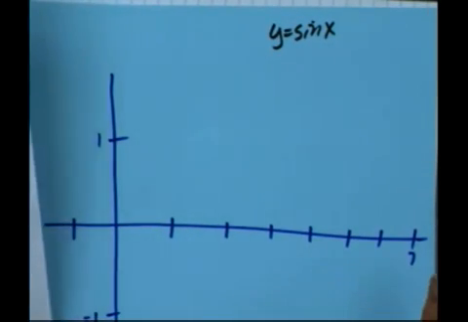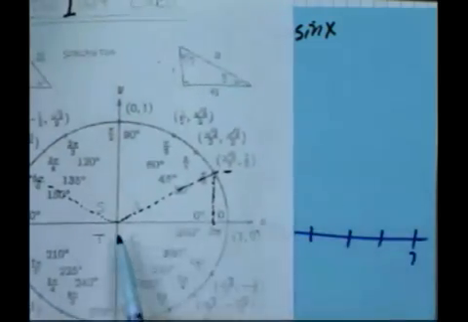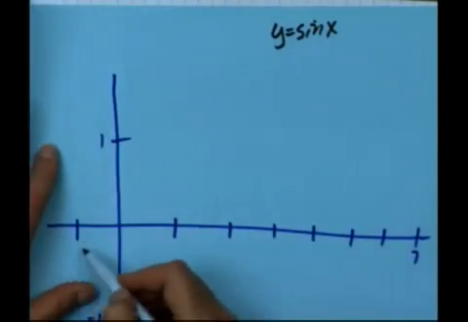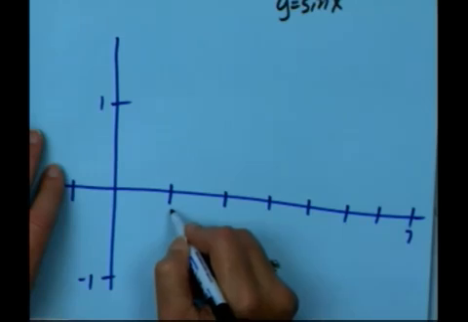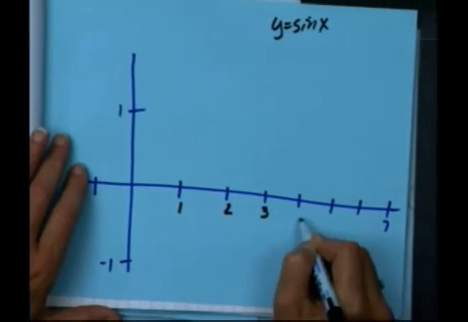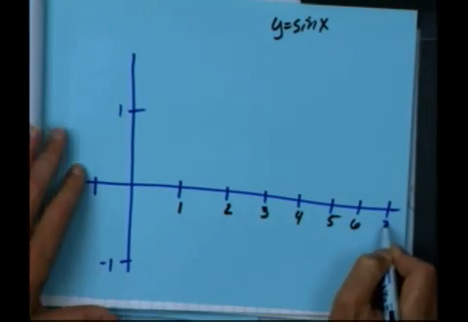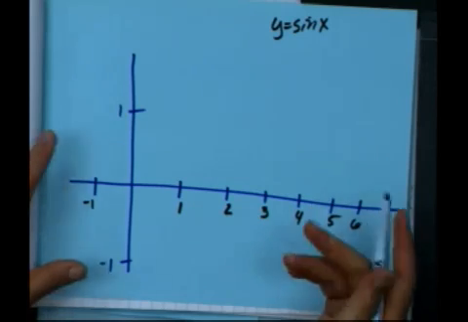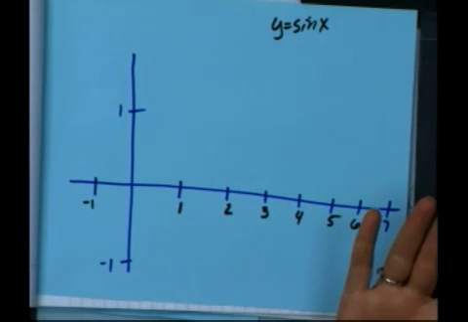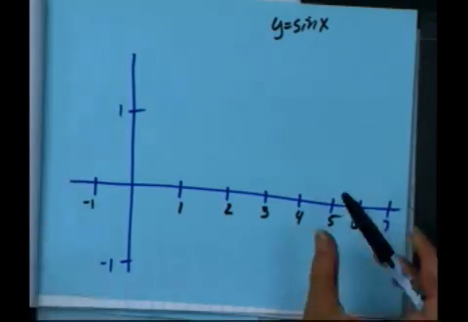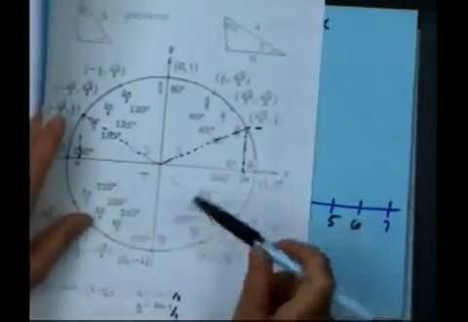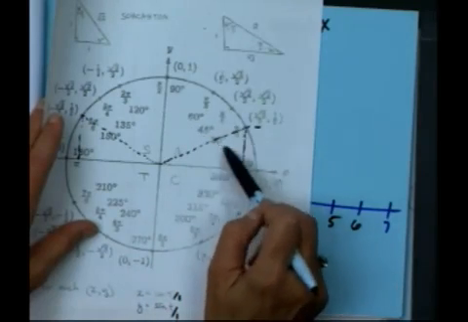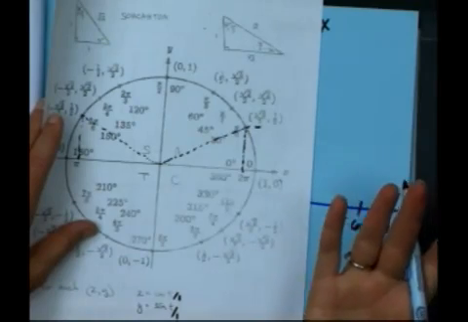Okay, well, if we use this little unit circle, we know and remember, we're in the real number system, so along the x-axis we have real numbers, and along the y-axis we have real numbers, because we're in the real rectangular coordinate system, so we don't put little degrees down here. Okay, but when we go back to our unit circle, we have it expressed in terms of degrees and radians, but radian, as you remember, is the real number measure.